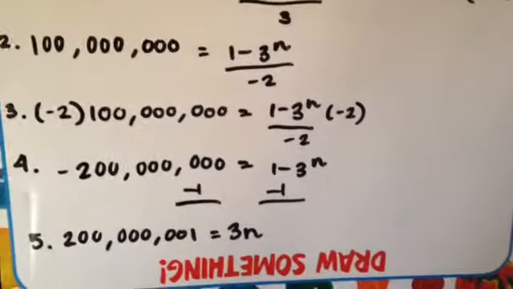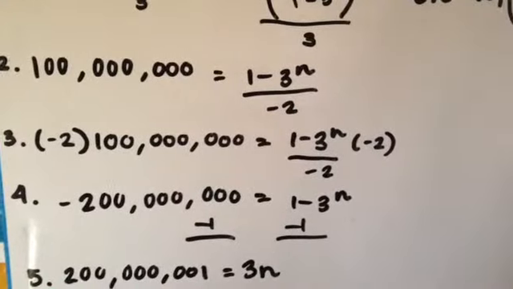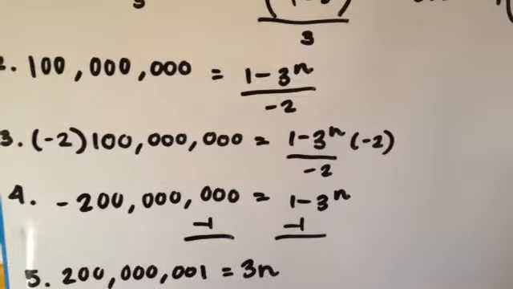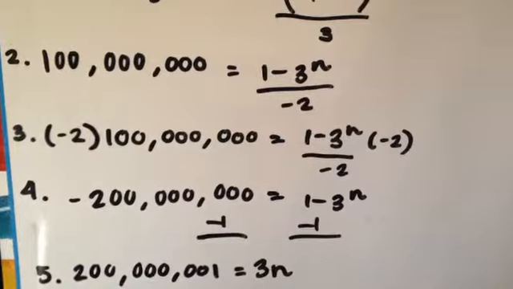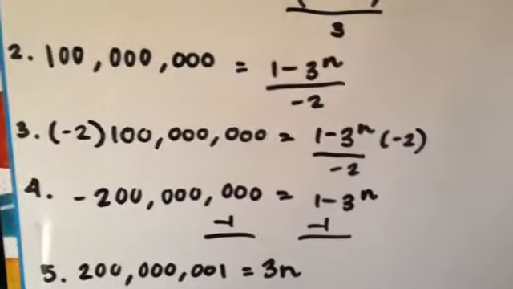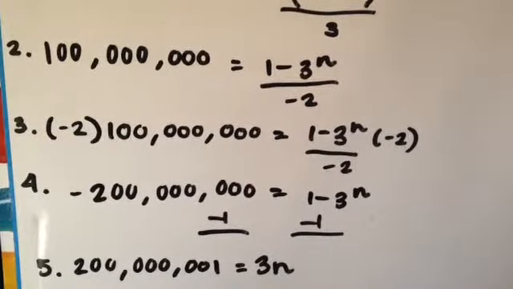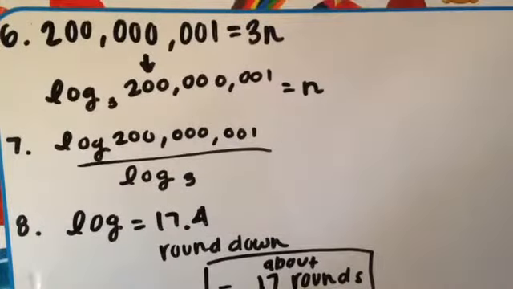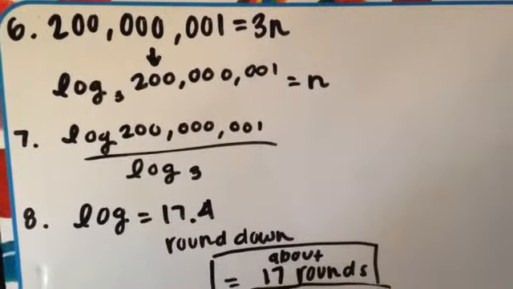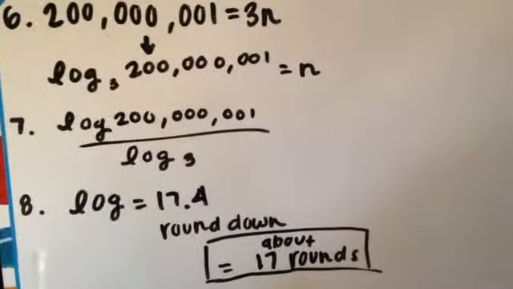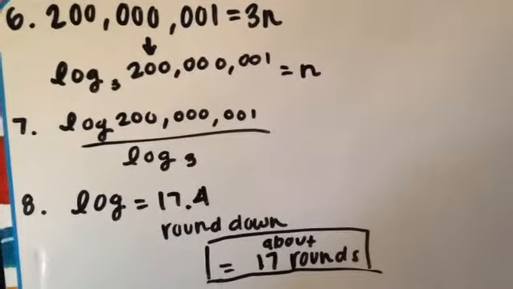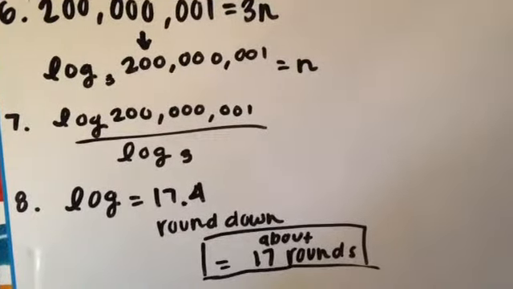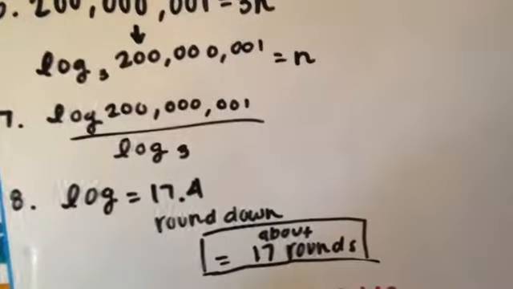Then you simplify, and you want to get your variable by itself, so you subtract negative 1 on your right side and do it to the other side as well, and then you get 200 million and 1 equals 3 to the n. You want to plug that into a log, so you have log base 3 of 200 million and 1 equals n. Then you solve your logs, and you get about 17 rounds.